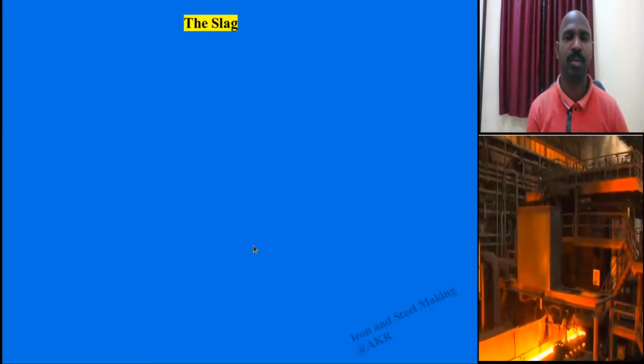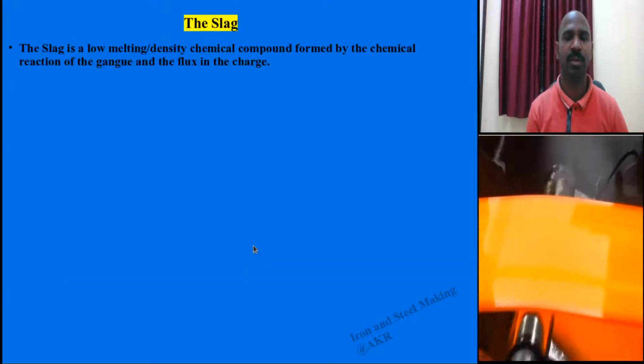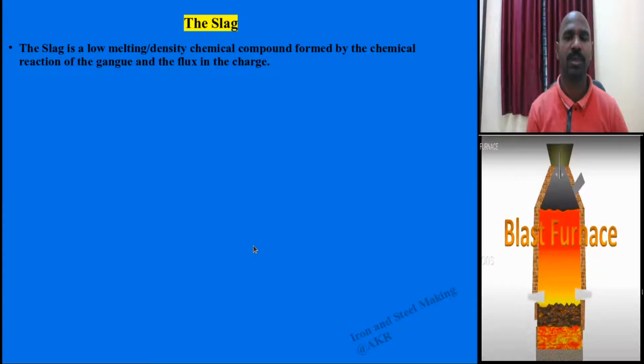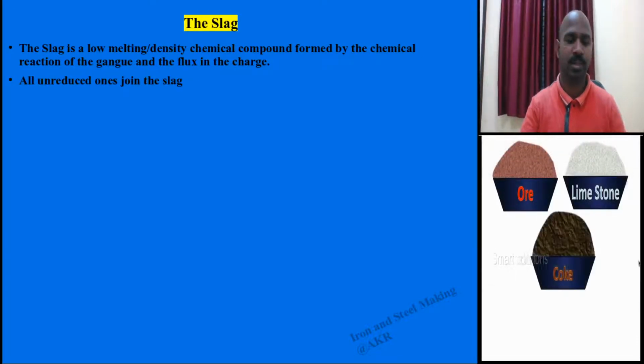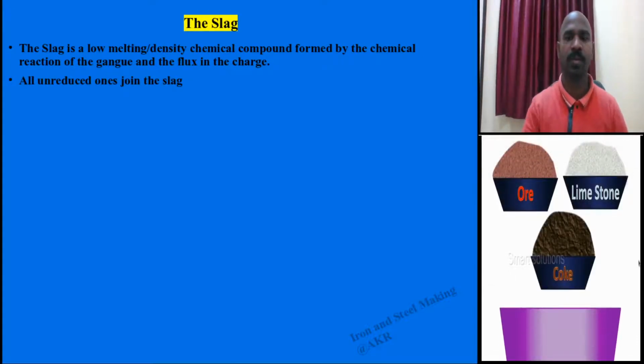Coming to the slag composition, the slag is a low melting point material compared to the hot metal pig iron, and has low density. All the unreduced and removed impurities go into the slag.